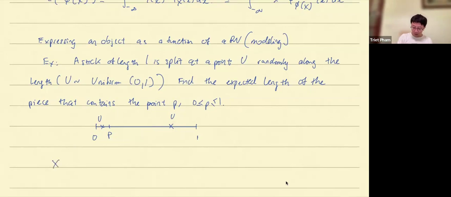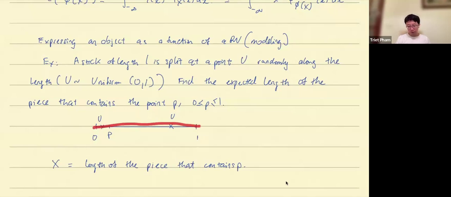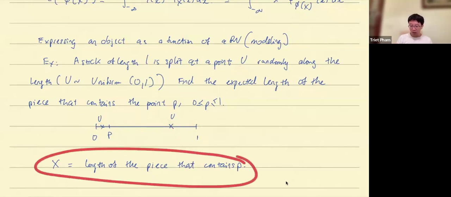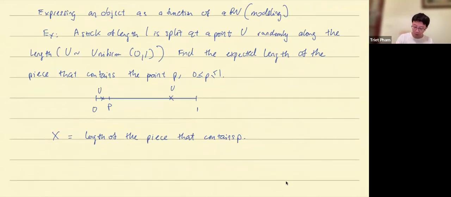So you let X be the length of the piece that contains P. And you have the coordinate of U, in this coordinate system from 0 to 1, even though it's a random coordinate. The whole point is to express X as a function of U.